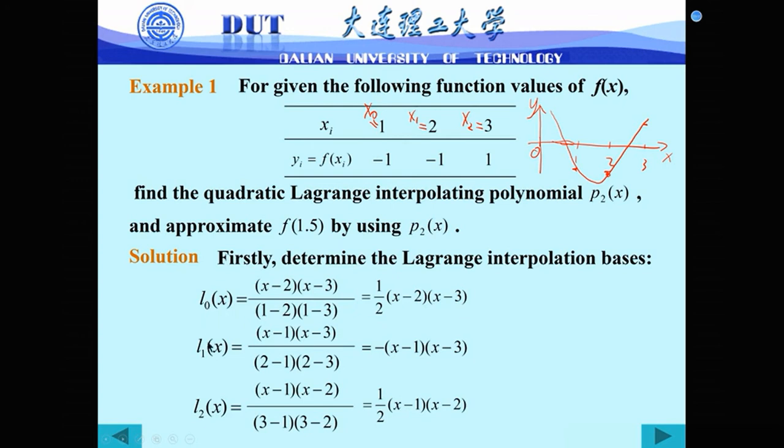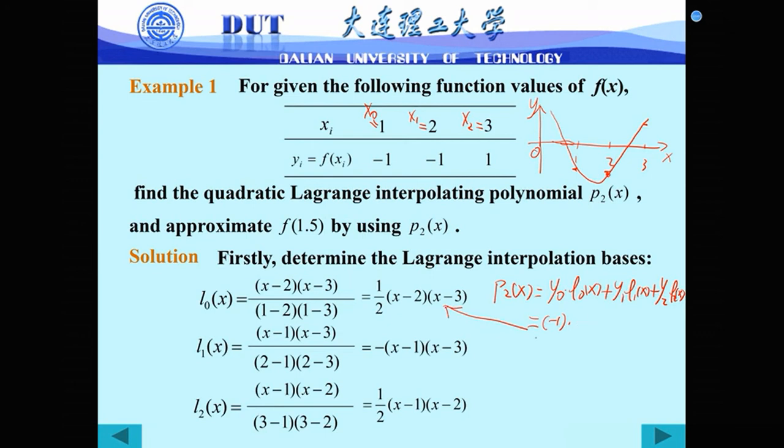So for each basis, multiply the function value one by one and compute the summation. Then we obtain P2(x), right? So I write here firstly, P2 should be y0 multiply L0(x) plus y1 L1(x) plus y2 multiply L2(x). Clear? So y0 here is minus 1, so it is minus 1 multiply this function L0.